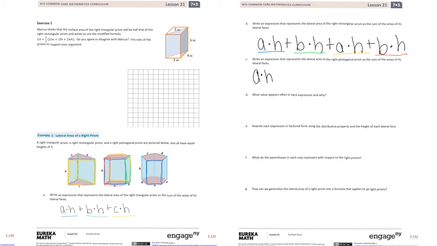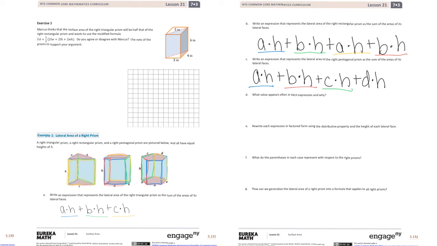Then I'm going to have plus B times H, which I'm going to represent in red. Then I'm going to have C times H, so plus C times H. I'm going to have that one in green, plus D times H, which I'm going to have in yellow.